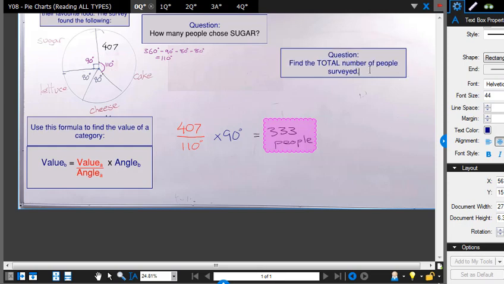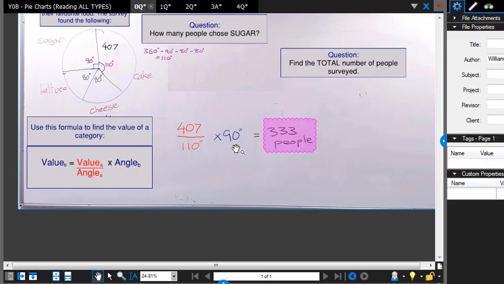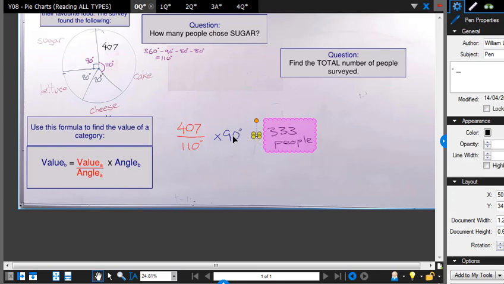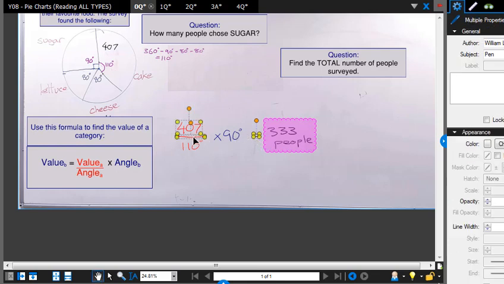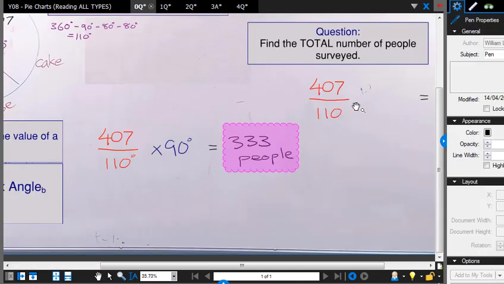If they ask you to find the total, we can just do the same thing. We'll just use this. It's going to be the exact same thing. Honestly, it's that simple.